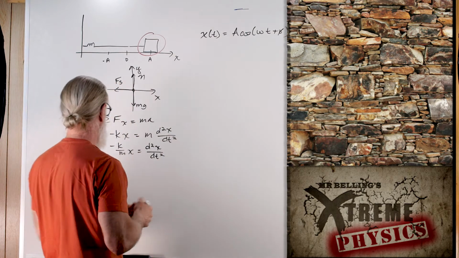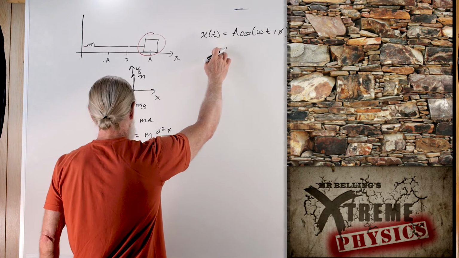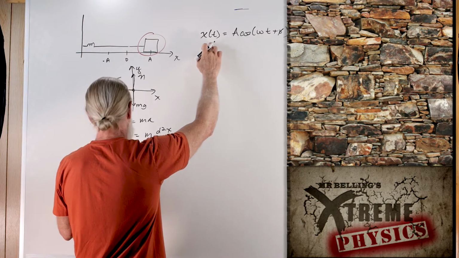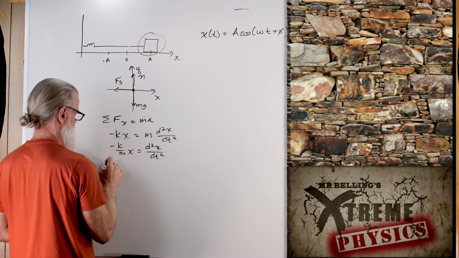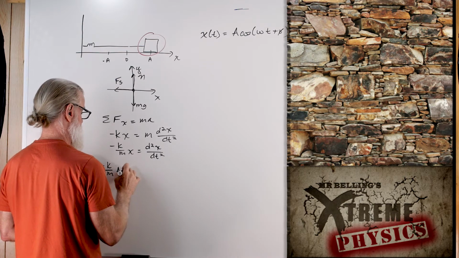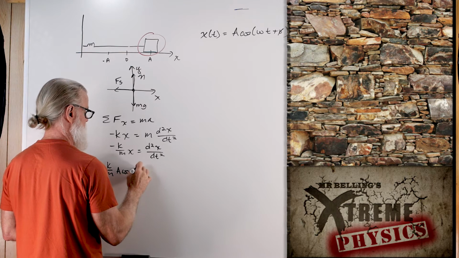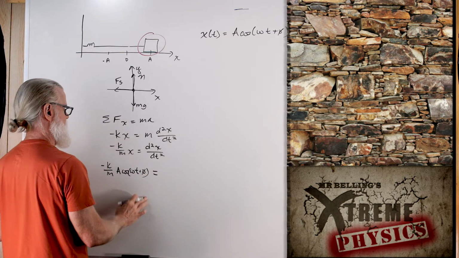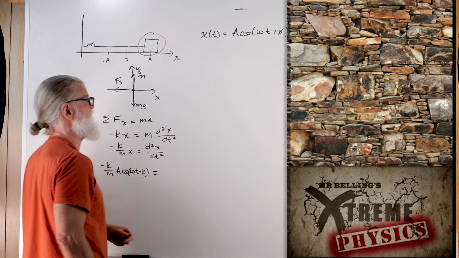Let's take a look. All I've got to do, to see if it is, is plug this in here. So I end up with minus k over m A cosine(omega t plus phi), right? I just substituted. I didn't do anything fancy here.